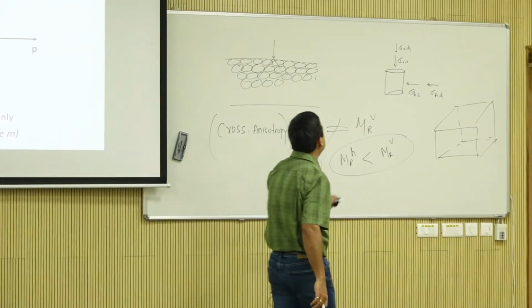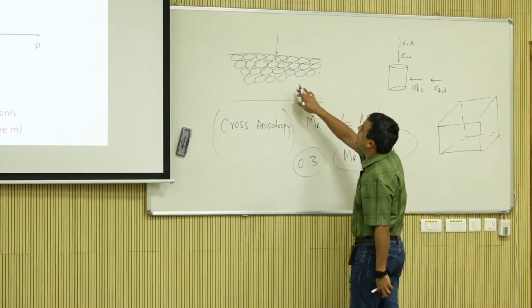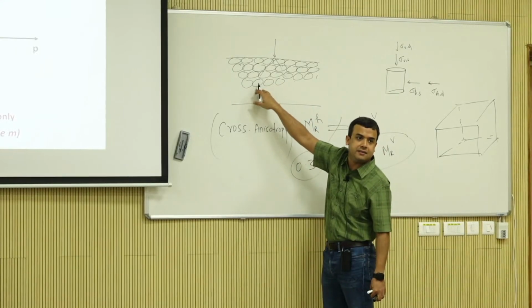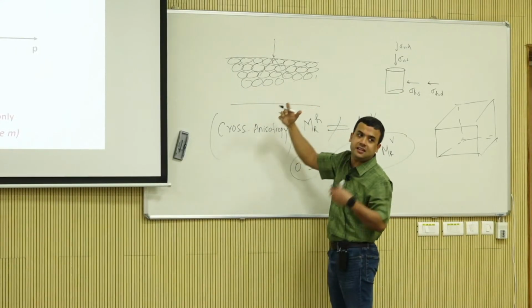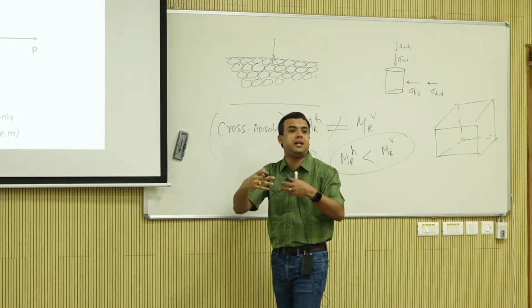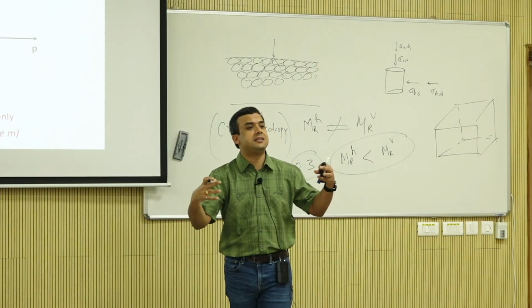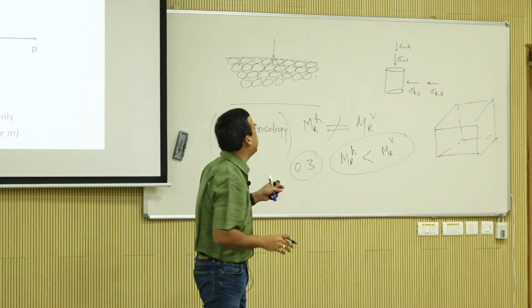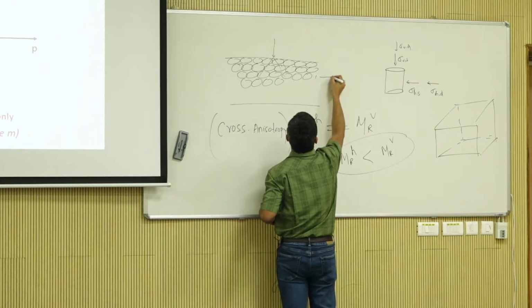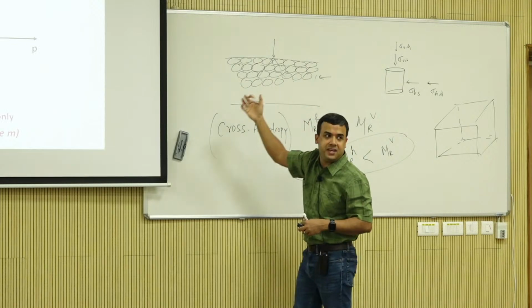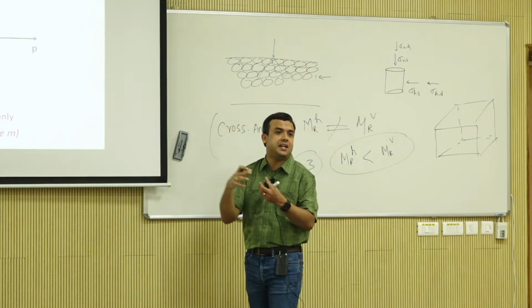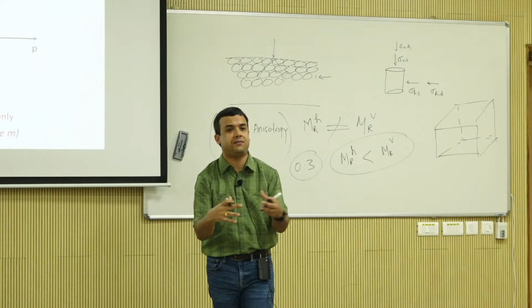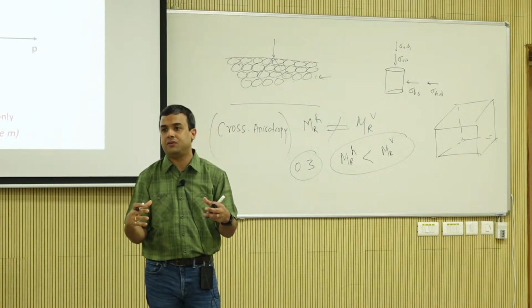The significance is that when you are doing an isotropic analysis and assigning the same modulus in all directions, you are equating everything to the vertical modulus, right? So you're saying that MRH is also the same as MRV. Then you are overestimating the stiffness of the layer in the horizontal direction.